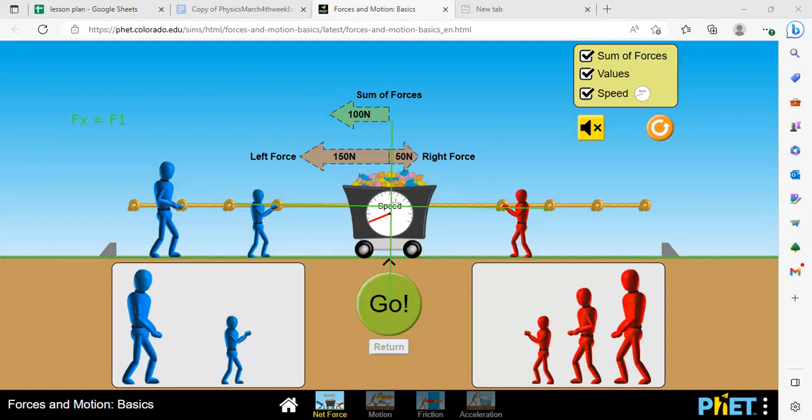Okay? So, hindi naman taken into account yung friction. So, we assume na frictionless yung surface. So, basically, yung forces along X is just equal to your F1.